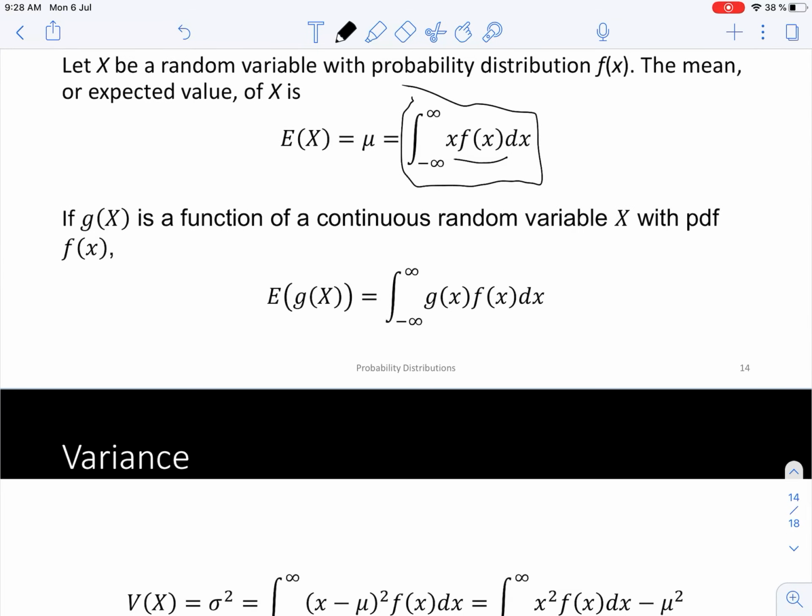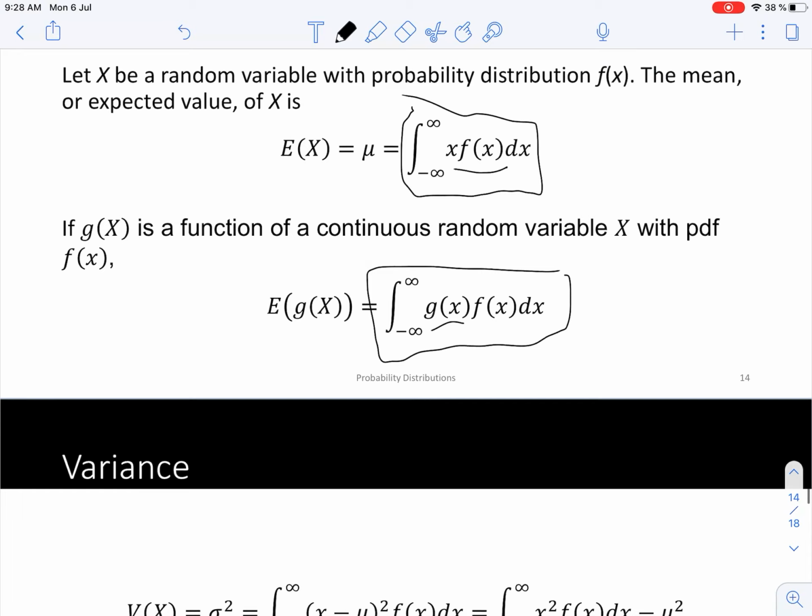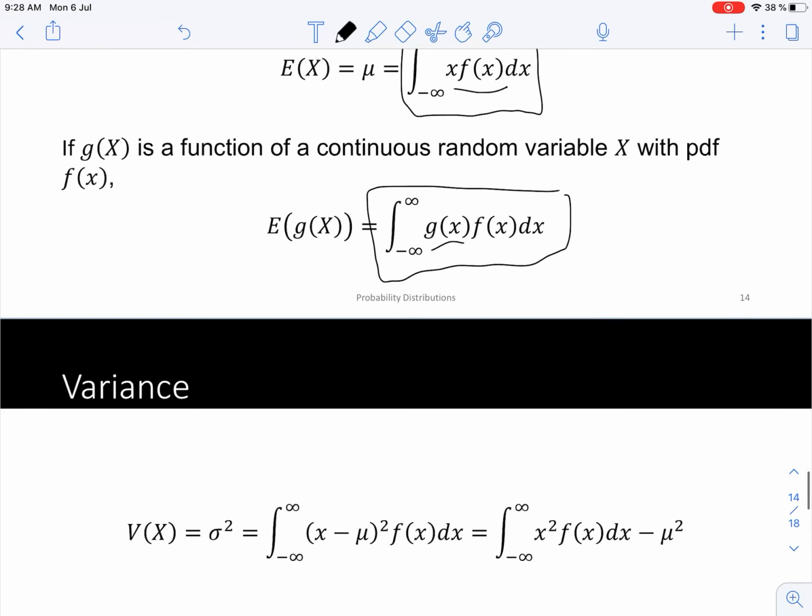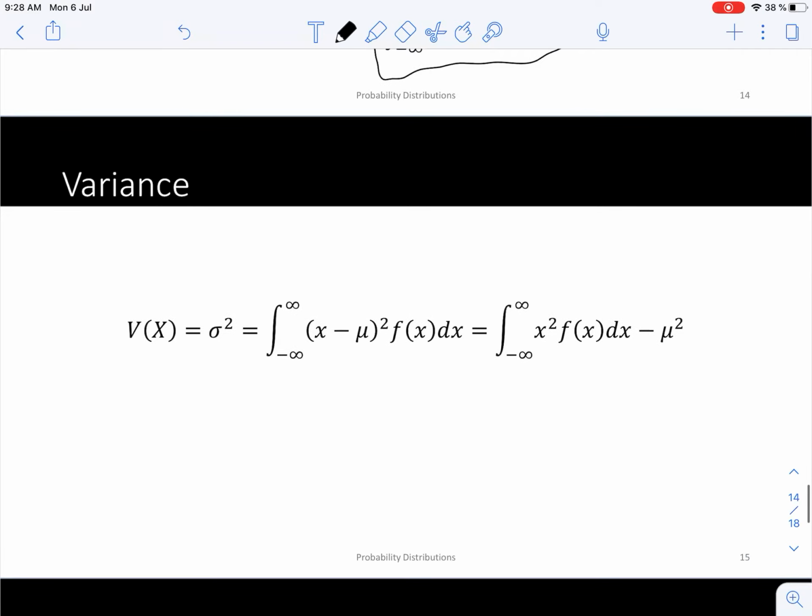In the case of a function, same thing, so instead of the variable we have the function in the integral. So the equations are pretty much the same. Of course the change is that instead of sums we're using integration.